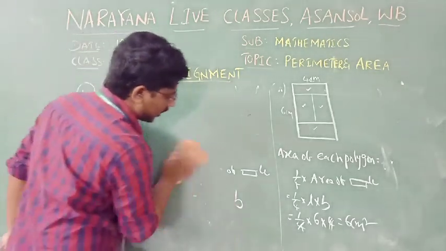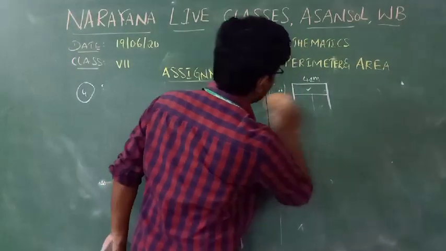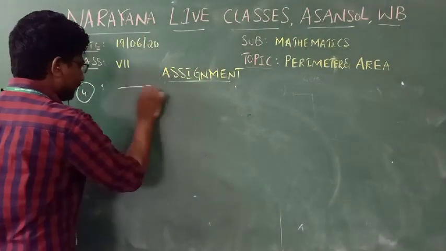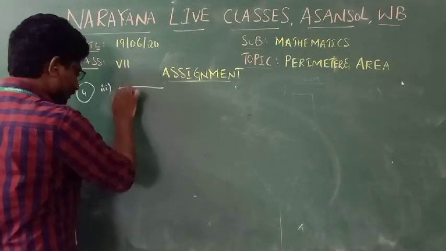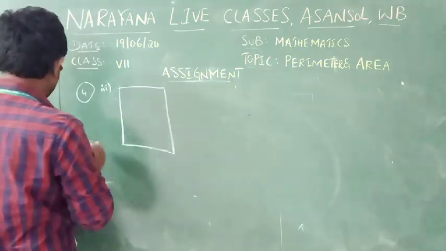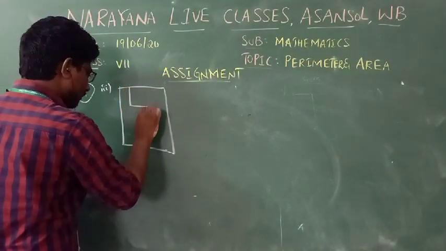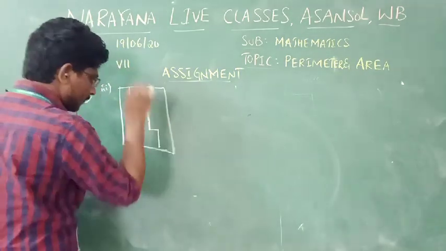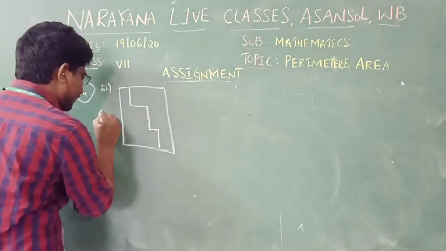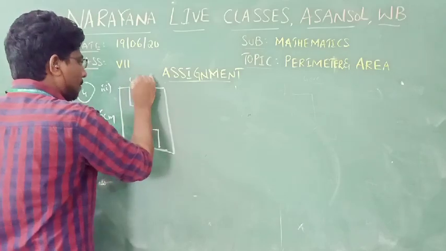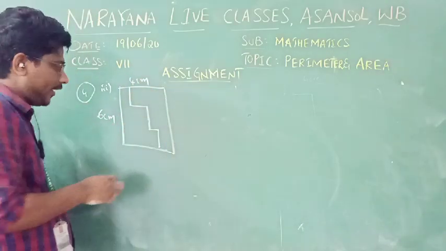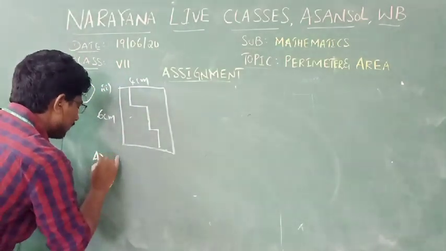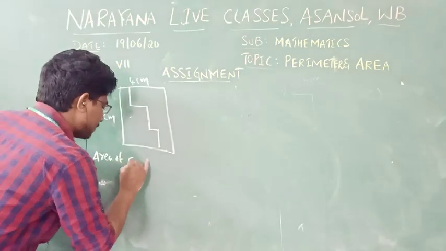Next, we come to the third figure. Here it is the third figure of length 6 cm, breadth 4 cm. Now we need to find the area of each polygon.